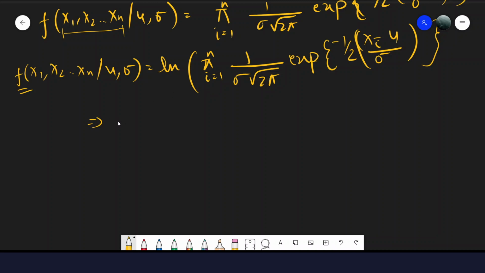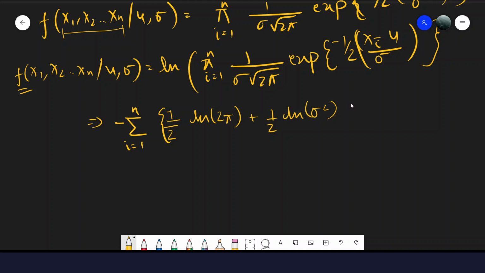So I can write this as minus the sum over i equals 1 to n of, with the negative sign coming out, 1 by 2 ln 2 pi plus half ln sigma square plus xi minus mu the whole square upon 2 sigma square.